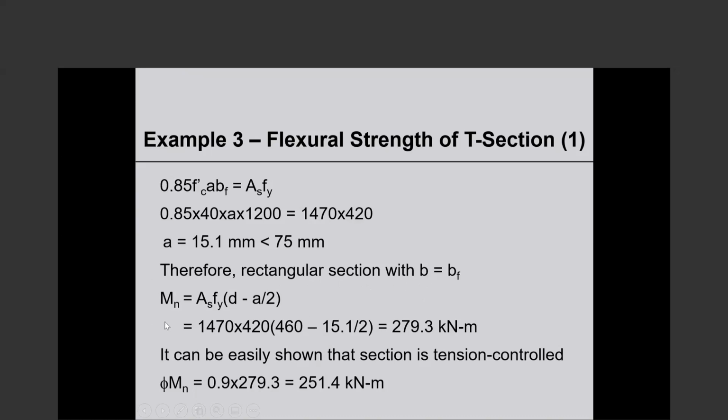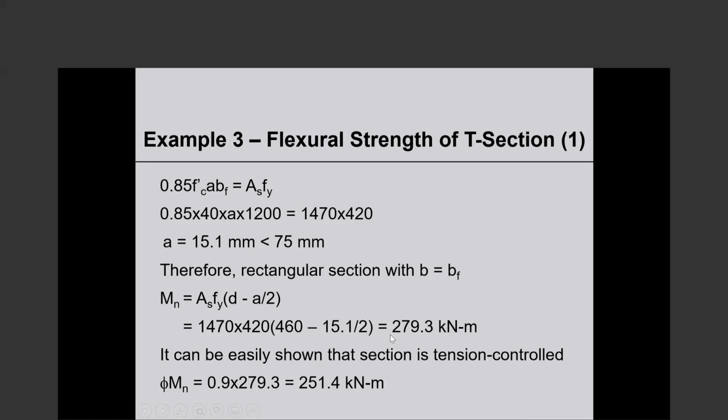Then the nominal moment strength is A sub S F sub Y, the tensile steel force, times the lever arm. Tensile steel force is 1470 square millimeters times 420 MPa multiplied by D is 460. This was given in the problem statement, minus the calculated value of A, 15.1 millimeters, divided by 2.